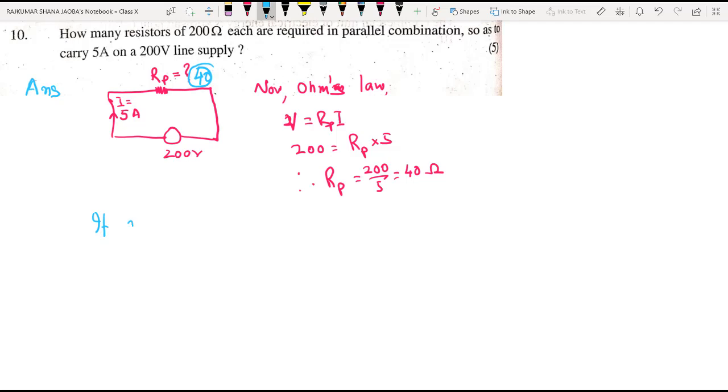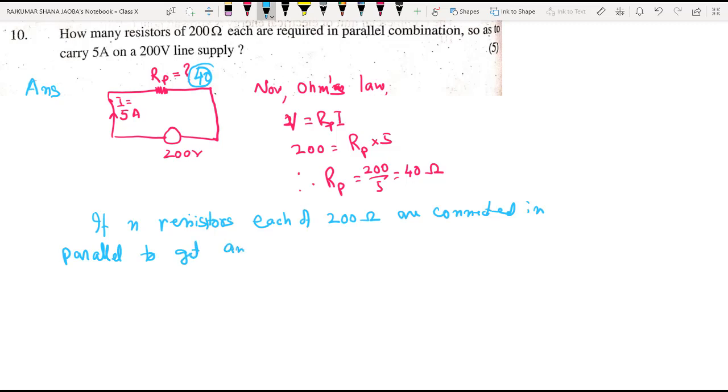Suppose n resistors each of 200 ohms are connected in parallel to get an equivalent resistance of 40 ohms, then n divided by 200 equal to 1 by 40.